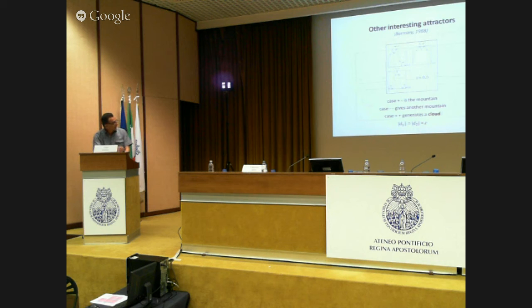The case plus minus here on the top left corresponds to the previously shown mountain, and the case minus plus is the same but flipped. Case minus minus below yields a symmetric unnatural mountain, and case plus plus produces a symmetric cloud.